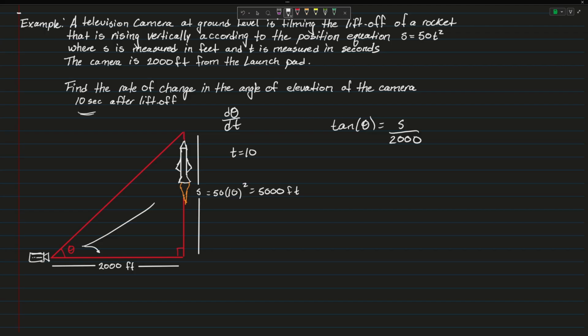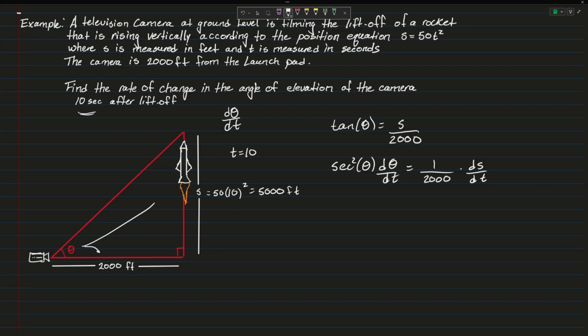Okay, so if we take the derivative with respect to t on both sides, we get secant squared of theta, d theta dt, is going to be equal to 1 over 2,000 times ds dt. And now we run into something that, again, we don't have immediately, but we can find it.